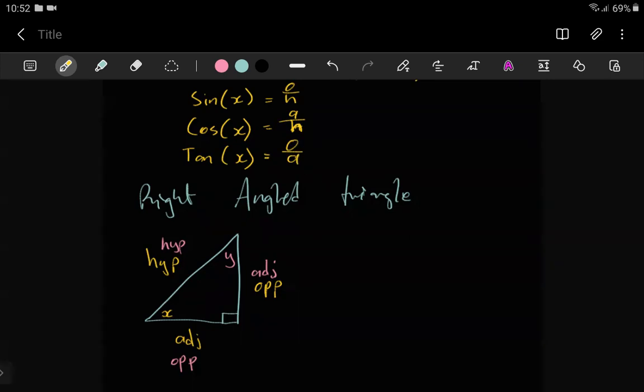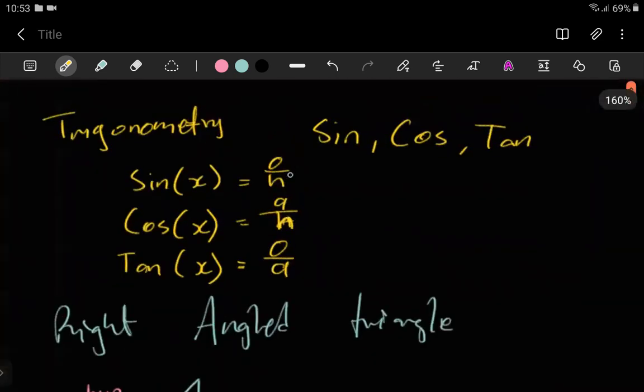So these three here, remembering these three ratios, normally you can think of a phrase that you can use to remember them. The phrase I usually use is, "Oh heavens, another hour of algebra."